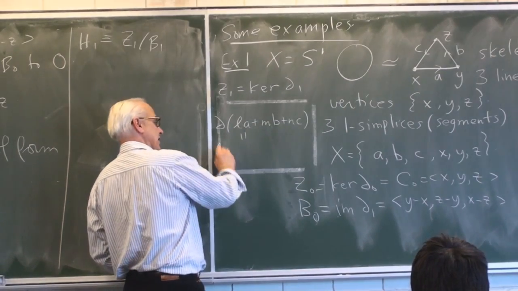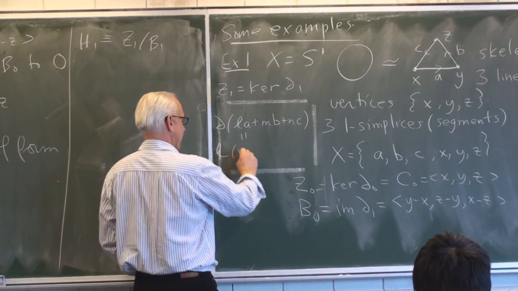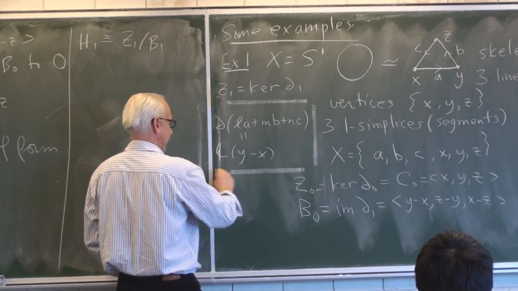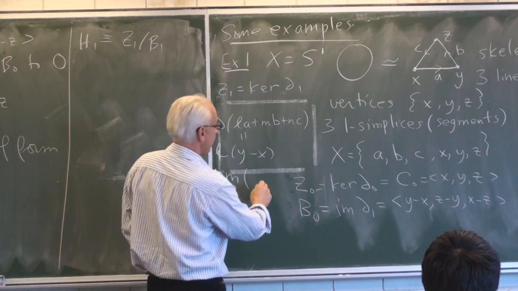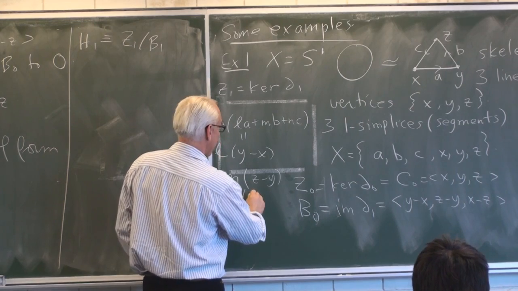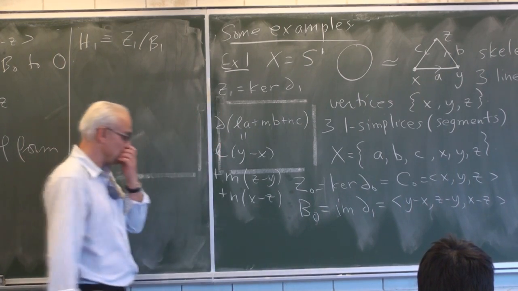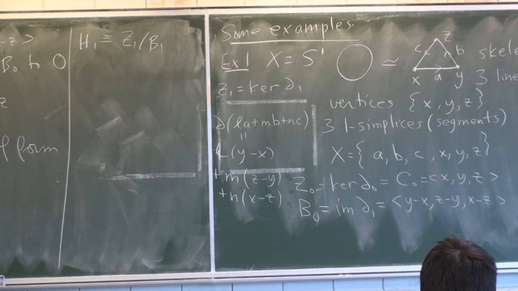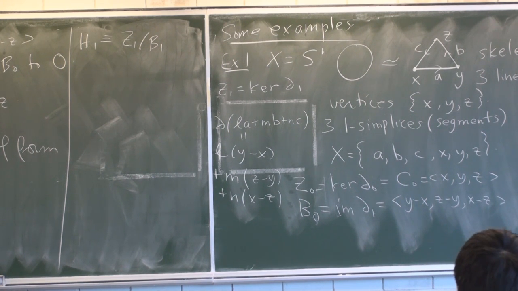Well, it's going to be l times (y minus x) plus m times (z minus y) plus n times (x minus z). And what is that?